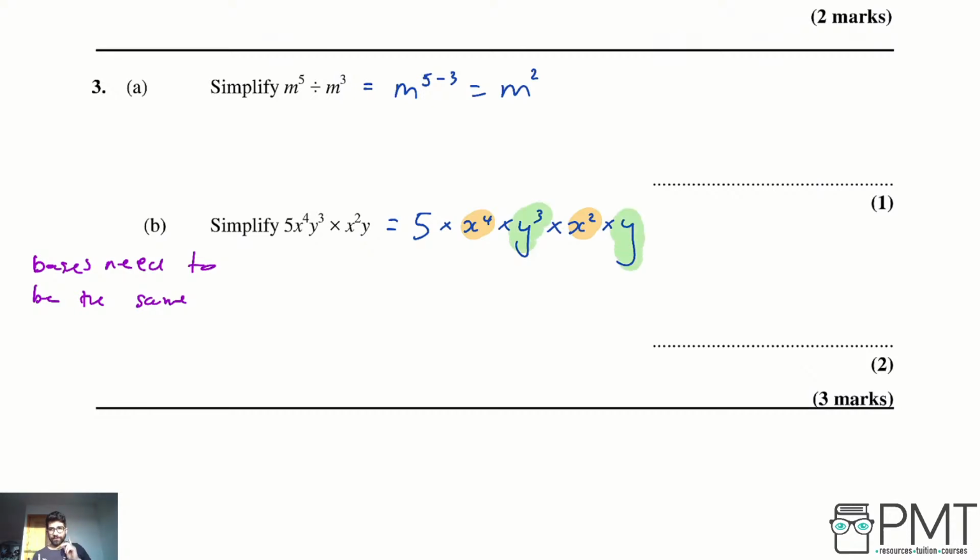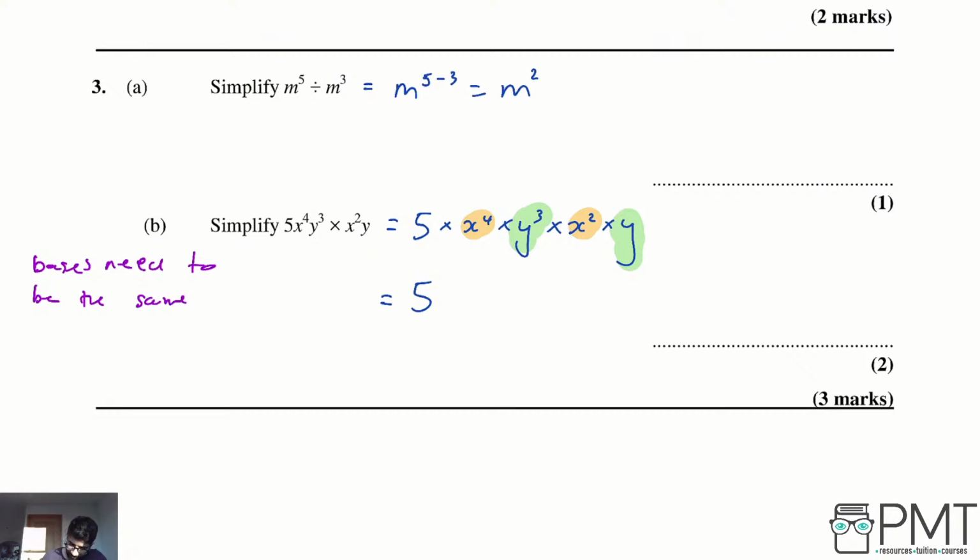Right, if you've done that, move on to the next one. Let me know what you get as well from those. They're multiplication, so you need to add the powers, but you can only do them with x and x together, y and y together. The 5 is just a number, you're not multiplying it by another number.